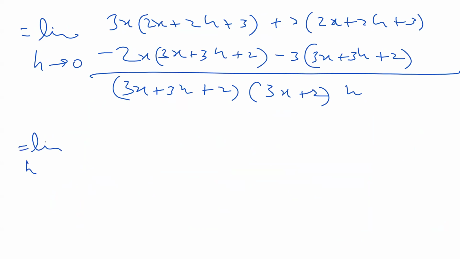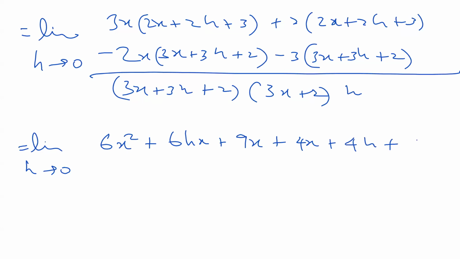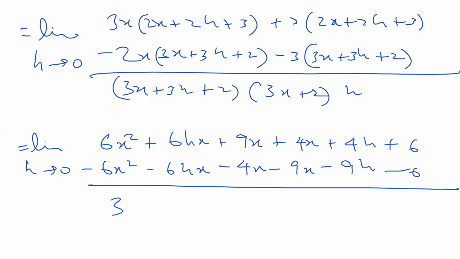So limit h approaching 0, 6x square, 6hx plus 9x plus 4x plus 4h plus 6 minus 6x square minus 6hx minus 4x minus 9x minus 9h, okay, minus 6 upon 3x plus 3h plus 2, 3x plus 2 into h.